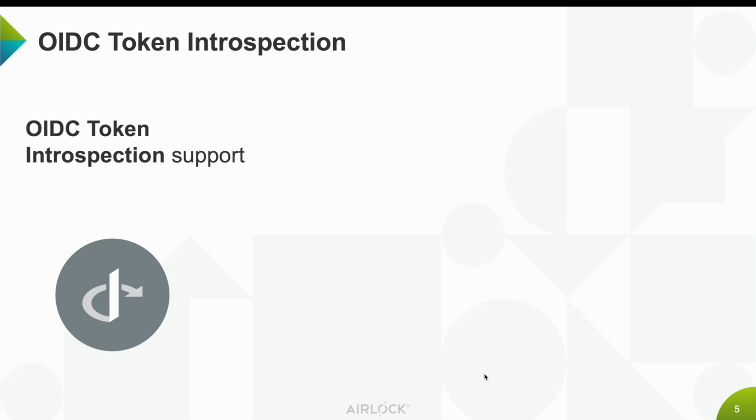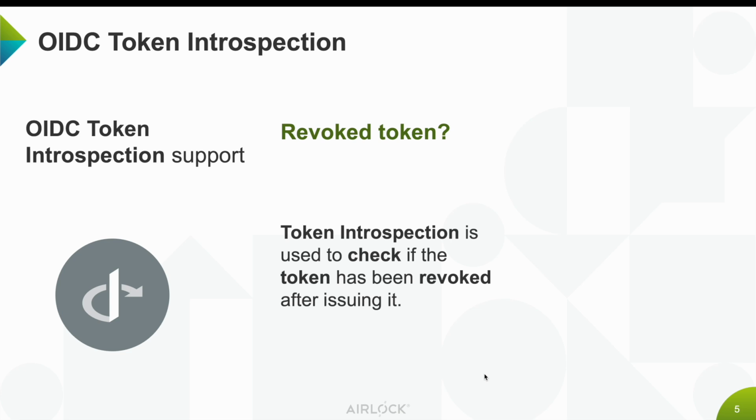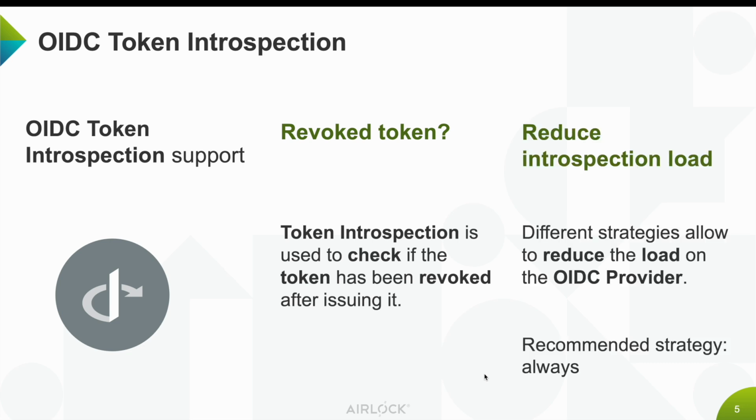With Microgateway 4.5, our OIDC Relying Party integration has been extended with OIDC token introspection support. OIDC token introspection is a standard to verify whether a token has been revoked after issuing it. With token introspection, each client request can be sent to the introspection endpoint of the OIDC provider to verify the token.